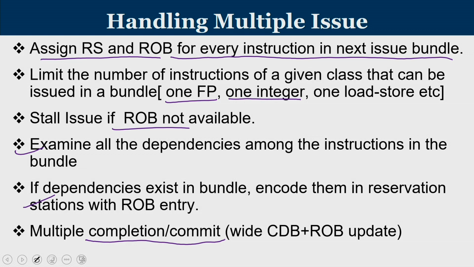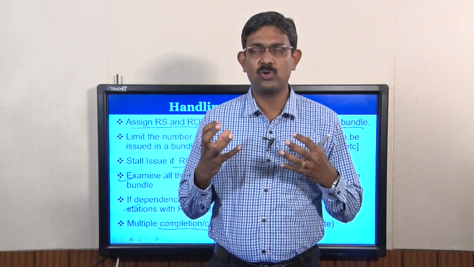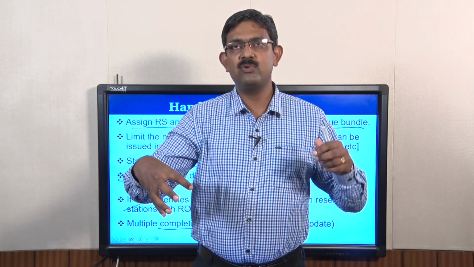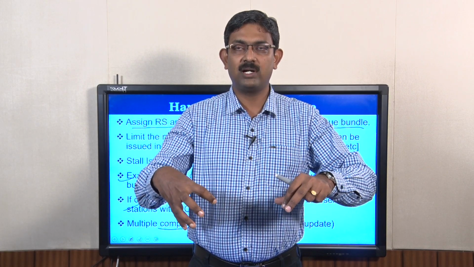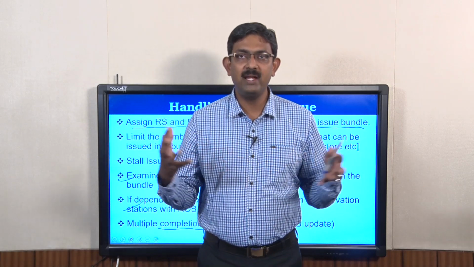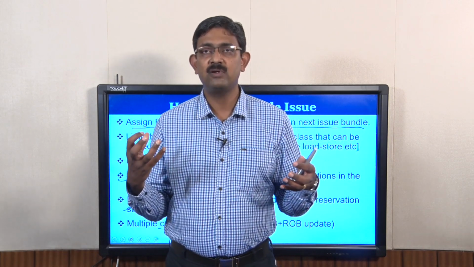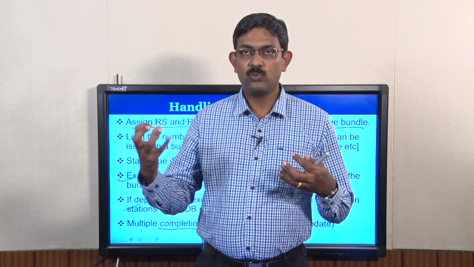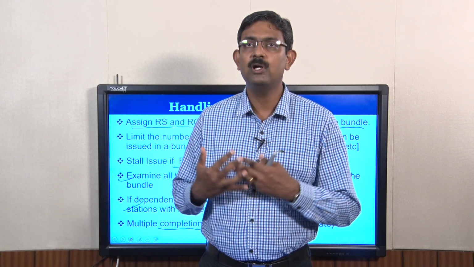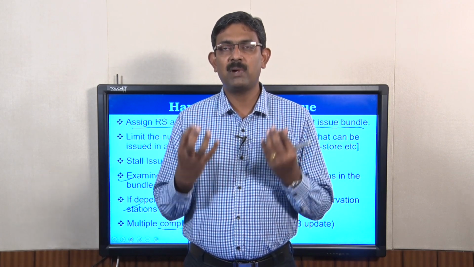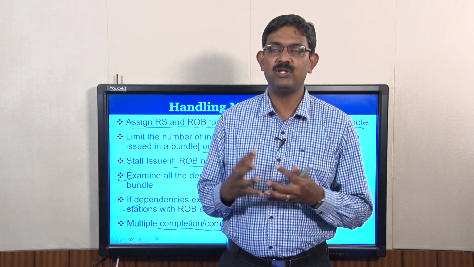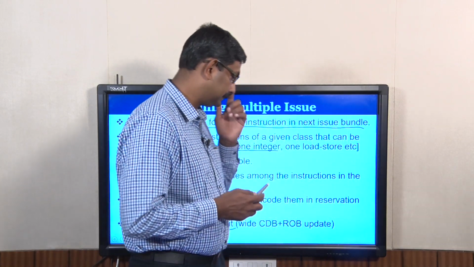If there is only one bus, and unit number 1 and unit number 2 put their results together, then it leads to chaos. So the CDB, the common data bus, should be wide enough to accommodate results of multiple functional units together. When you have multiple fetch, multiple decode and multiple execute support, you need provision to accommodate multiple instruction values on the common data bus. Essentially that means we need a wider CDB.